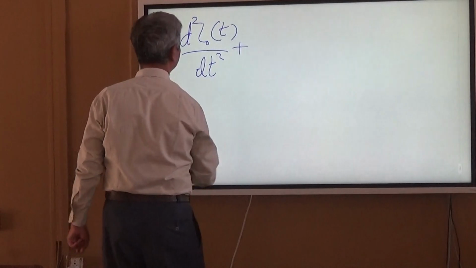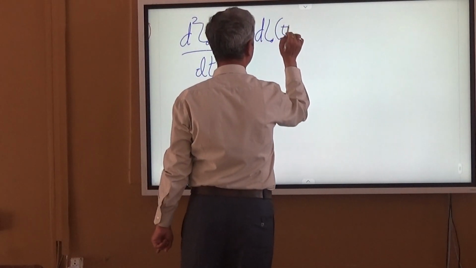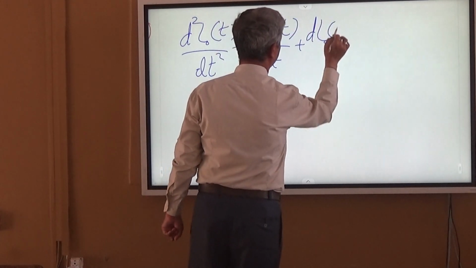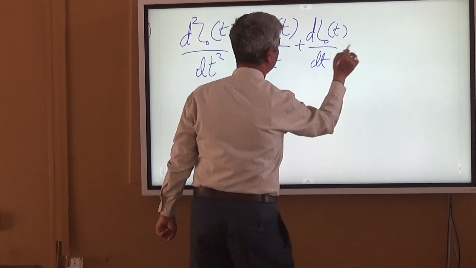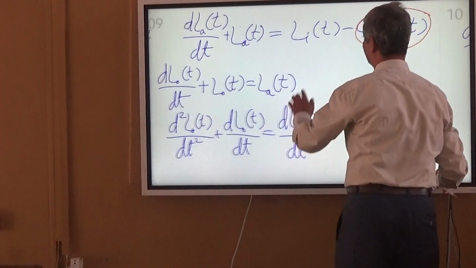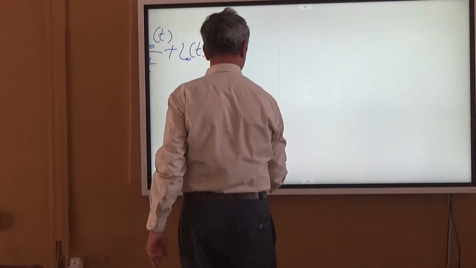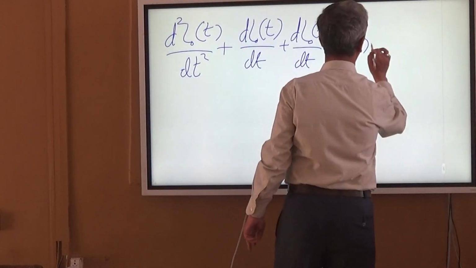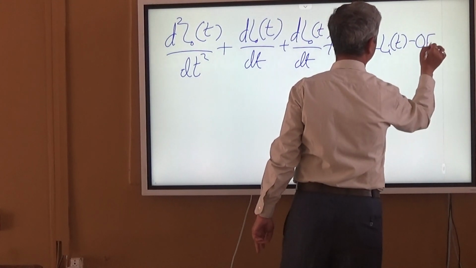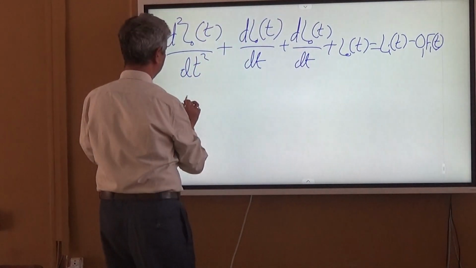So I write once again dLOT by dt plus dLOT by dt plus LOT, but now that is no longer only LAT, minus O1 F1. That is equal to LinT minus O1 F1.